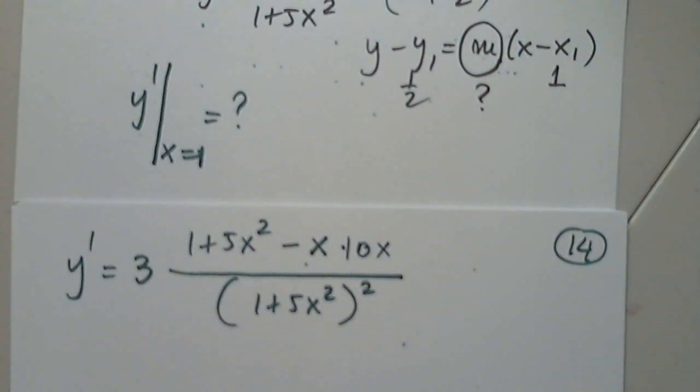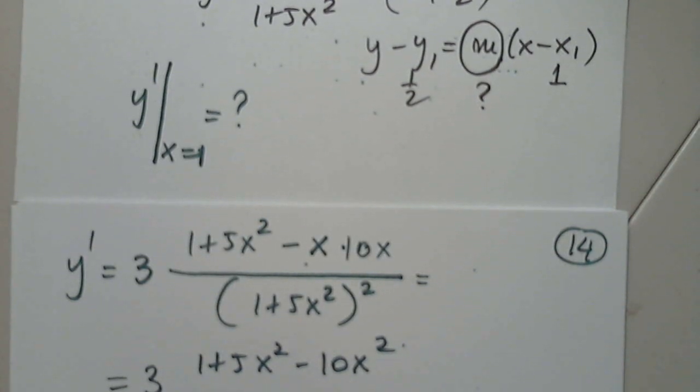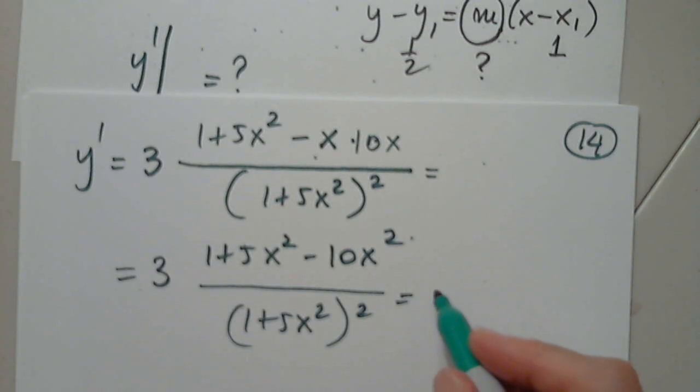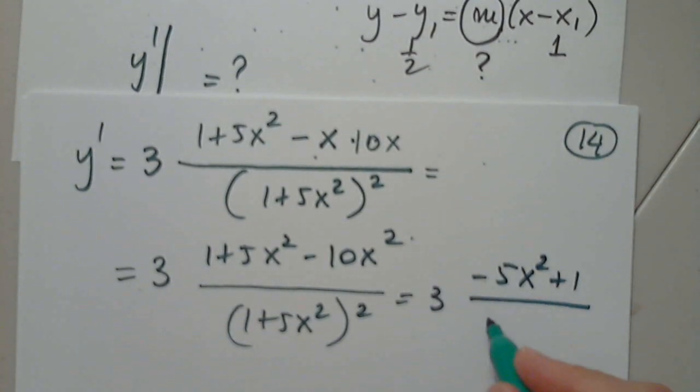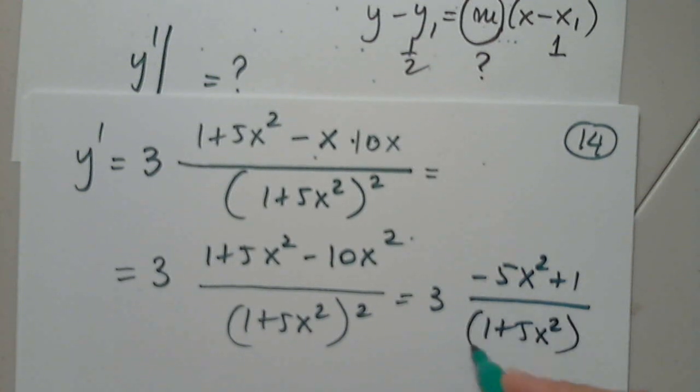Yes, of course. Perfect, 10x. So then 1 plus 5x squared minus 10x squared over (1 plus 5x squared) squared. Or negative 5x squared plus 1 over (1 plus 5x squared) squared.